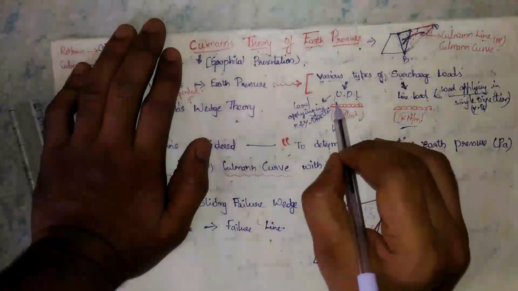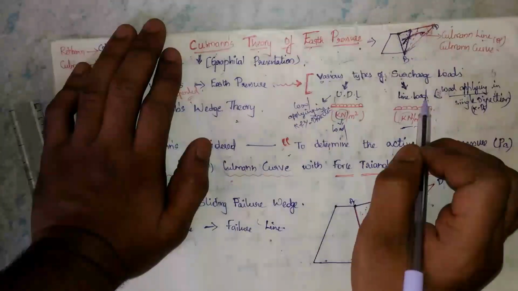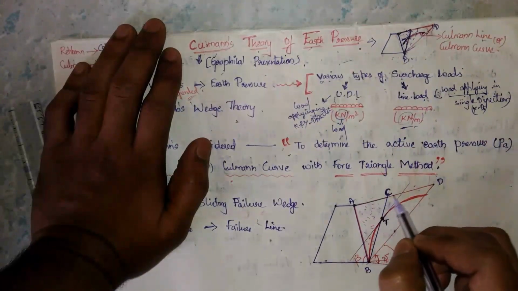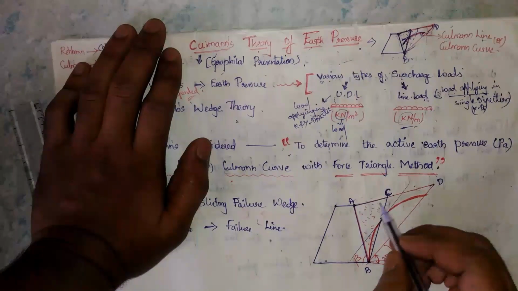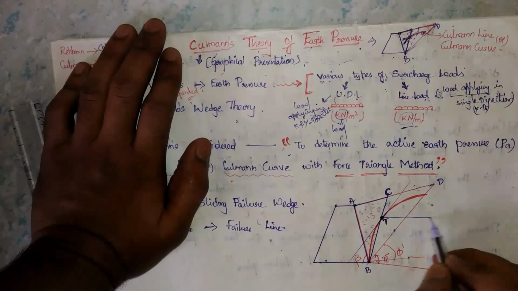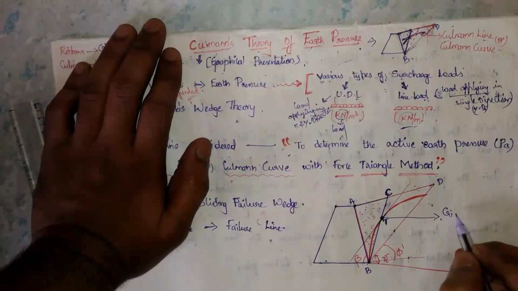Due to the various types of surcharge loads applied on this sliding wedge, a critical failure plane also develops. So this point is the critical failure plane.